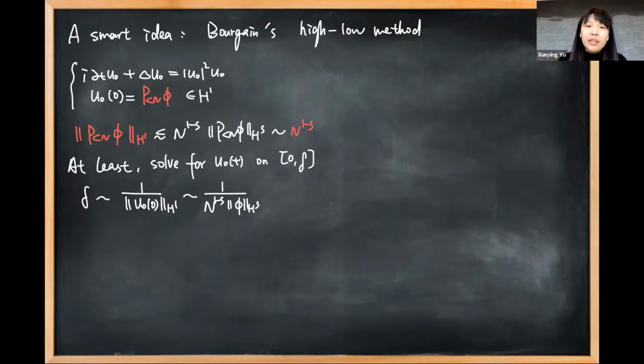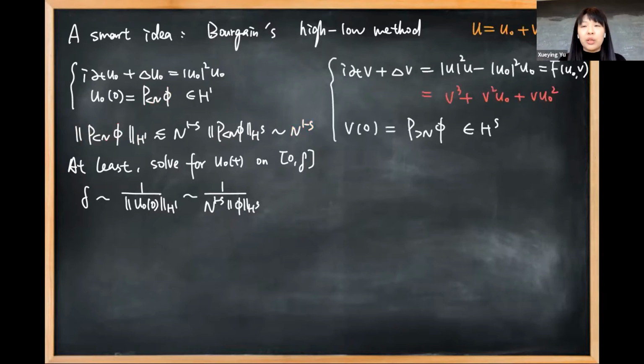Then this is just one half of the problem, because you still need to consider the difference equation, where the full solution U can be split into a solution U0, which we solve on the left-hand side, plus V, for which we solve this difference equation. The difference equation has this difference in the nonlinear terms, where you have U cubed minus U0 cubed.